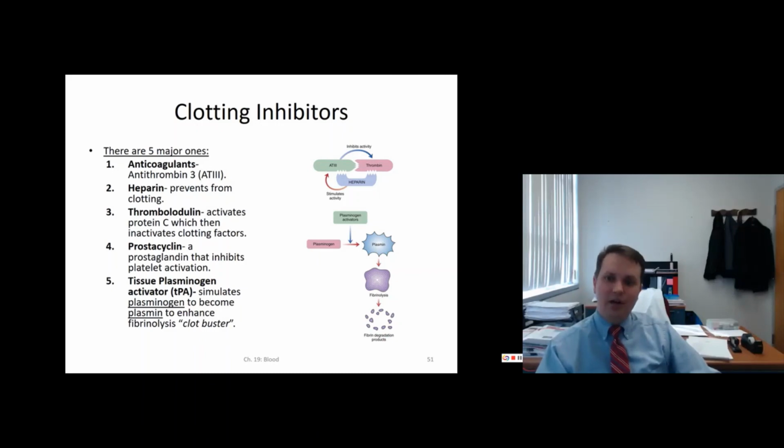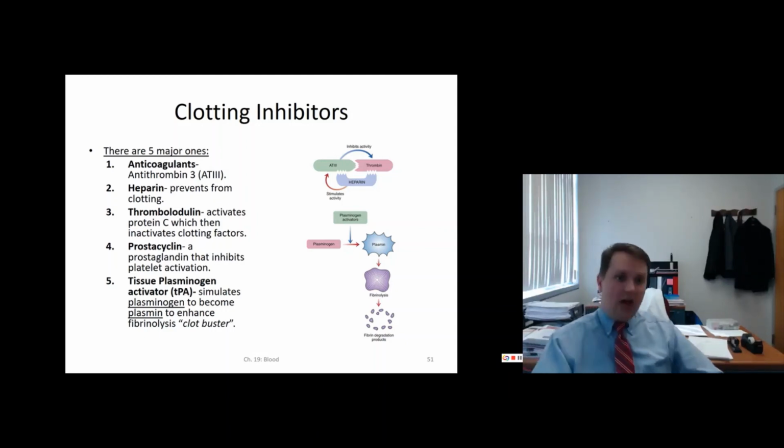So heparin also prevents clots. Heparin prevents clots. Thrombomodulin, what it does is there's a protein called protein C that it activates, which inactivates the clotting factors, so it acts as a clotting inhibitor.